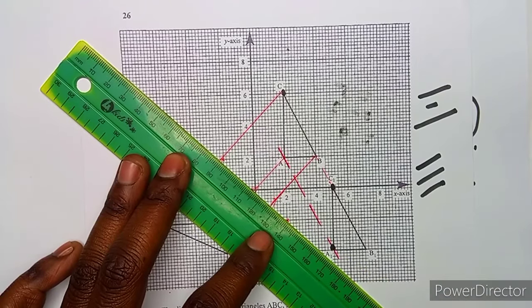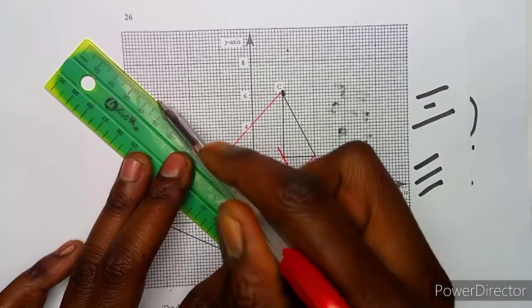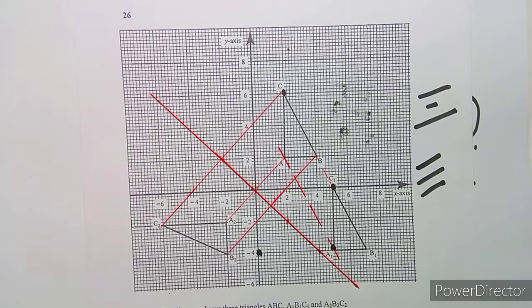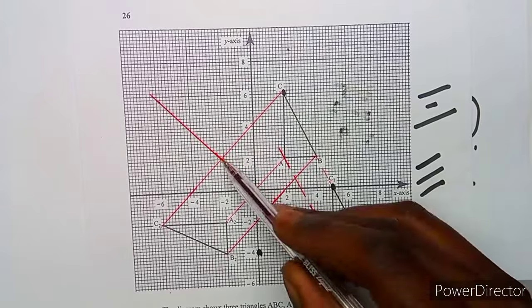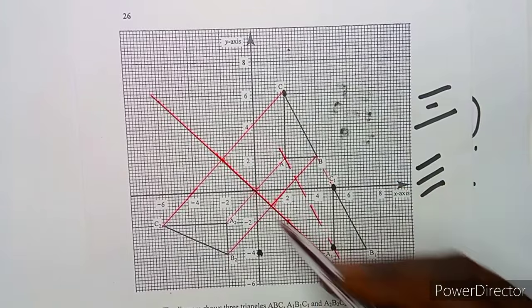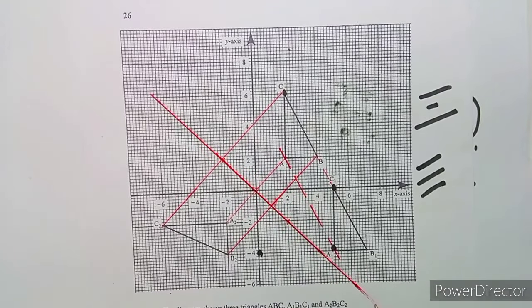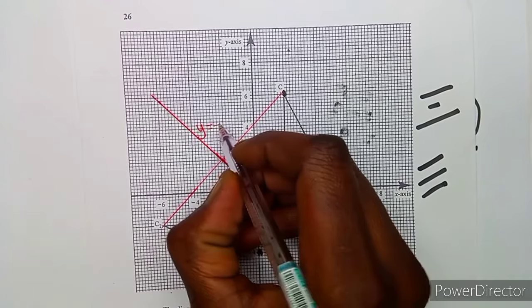Because it's a mirror line, it's supposed to divide the graph into two equal parts. Like I'm saying, you can even see it clearly here, the point in between, the point in between, the point in between. So the line that divides your graph into two equal parts with a negative gradient, this is the line of what? y = -x.